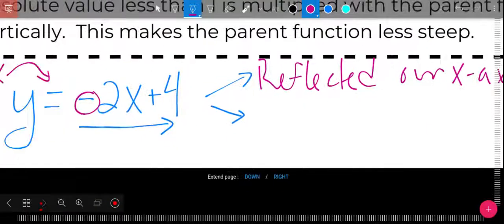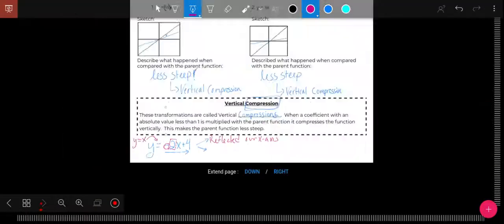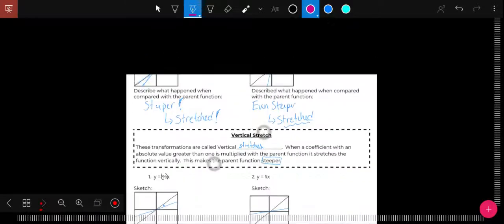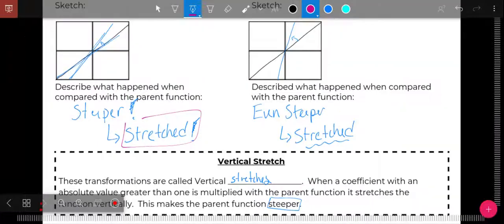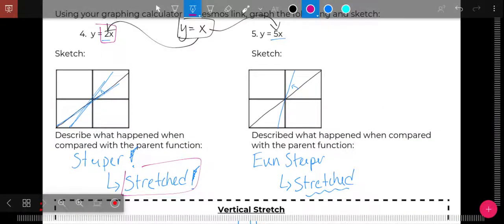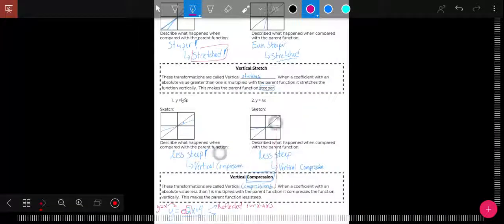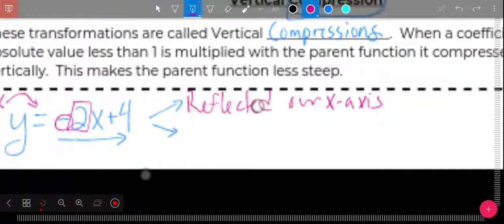The next thing we notice is there's a 2. We said up here, anytime there's a 2 or a whole number up front, it's been stretched. The 2 makes it stretched. So that means we're going to say it's been vertically stretched by 2.